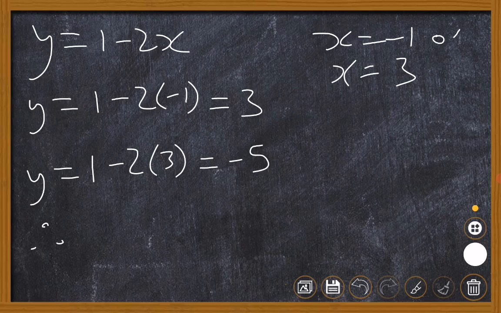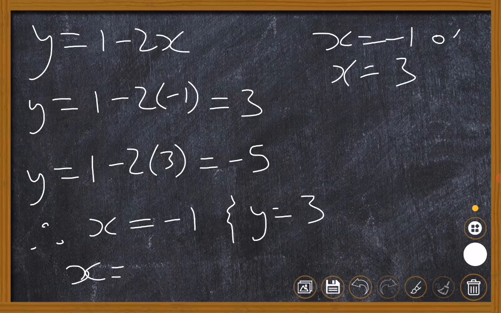Therefore x is equal to minus 1 and y equal to 3, or x is equal to 3 and y equal to minus 5.